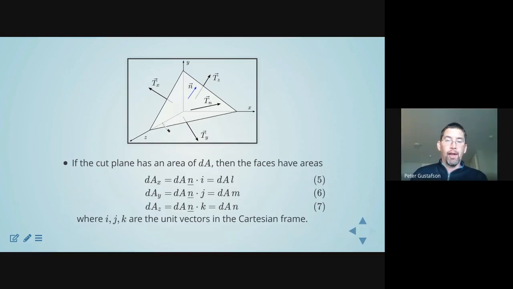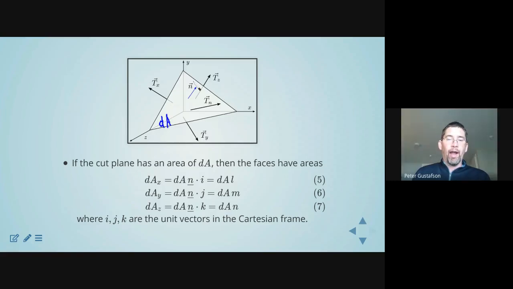Okay, this cut plane now has a differential area dA. So that's the surface of this internally exposed imaginary cut. If the cut plane has an area of dA, then we can determine what the areas of the other faces are.